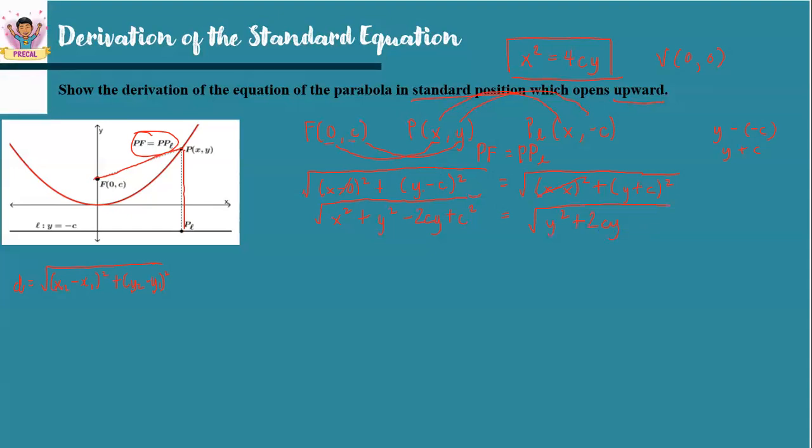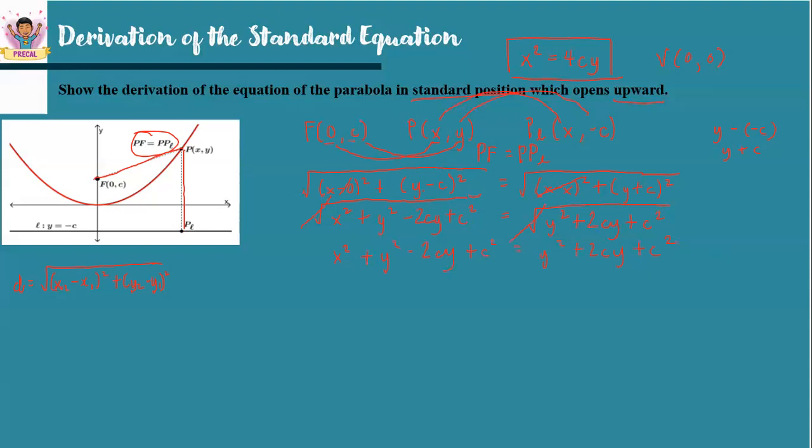Then we square the last term, that is c squared. Now, as you could see, both of them have a radical sign, so we can cancel both radical signs, so that the remaining will be x squared plus y squared minus 2cy plus c squared is equal to y squared plus 2cy plus c squared.